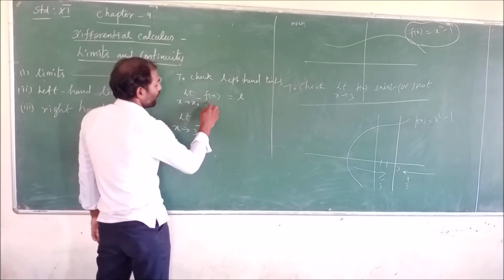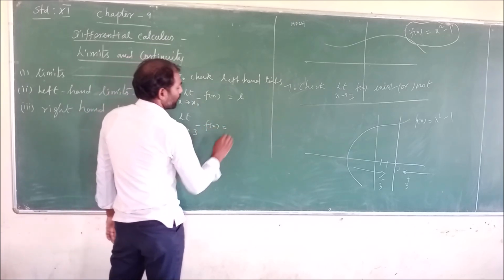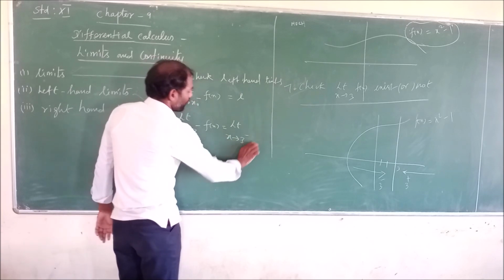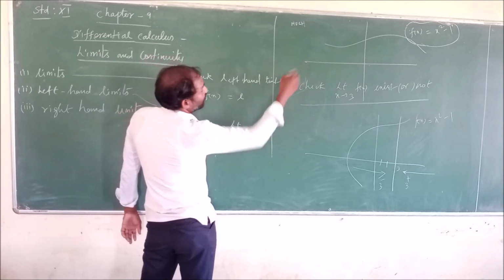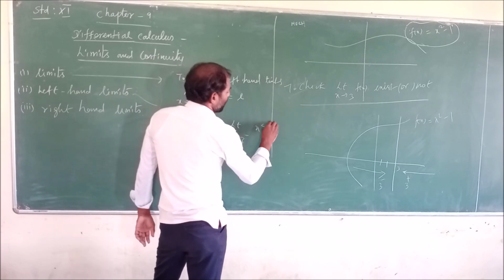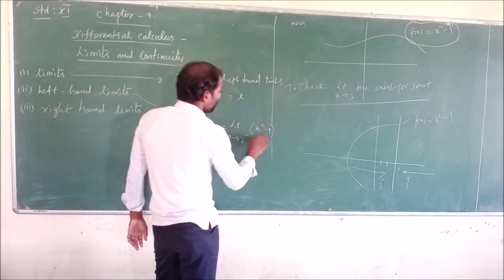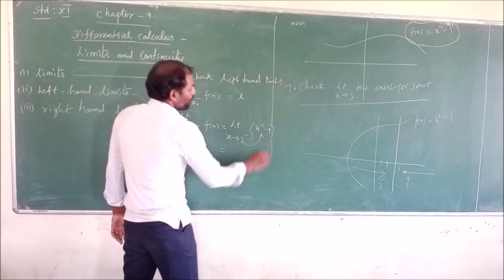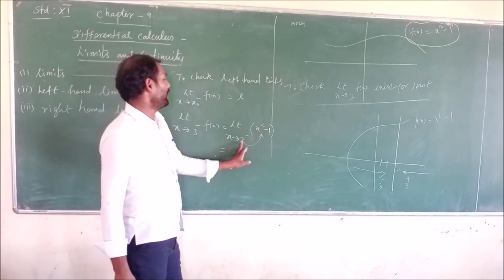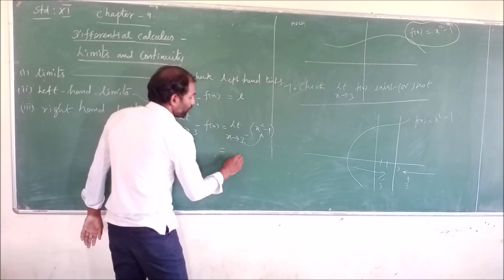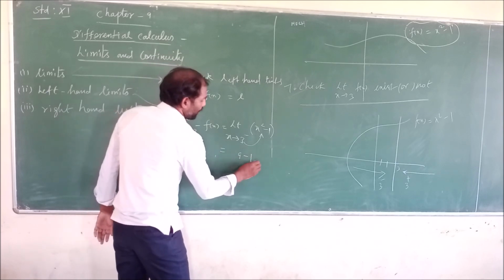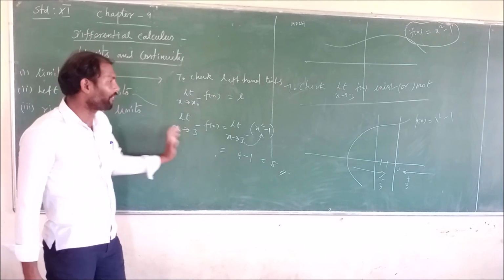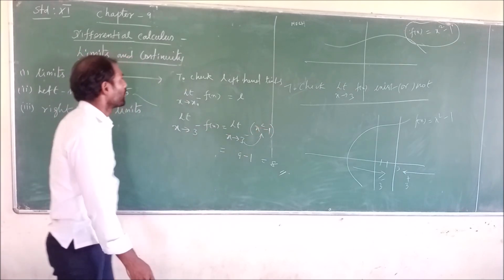Therefore, the limit as x tends to 3 minus of f of x, where f of x is x square minus 1. Replace x by 3. Therefore, 3 square is 9, minus 1 equal to 8. The value of the left-hand limit is 8.